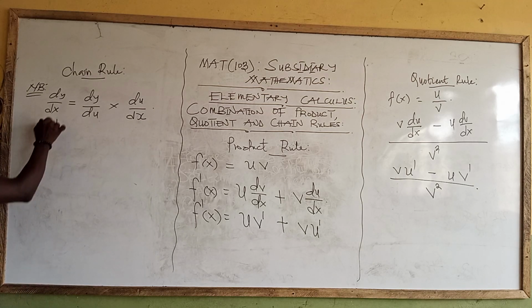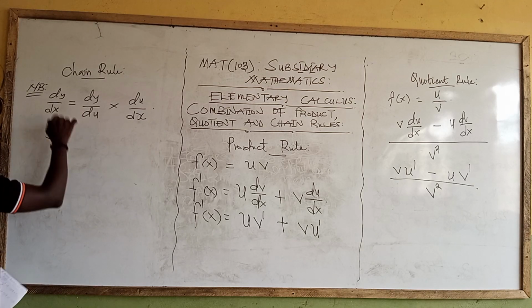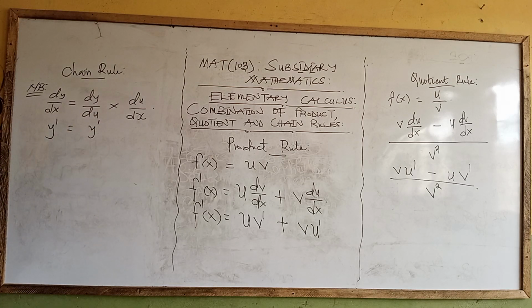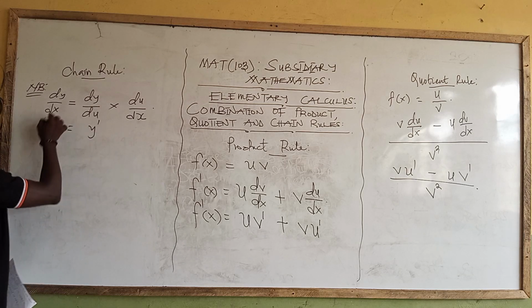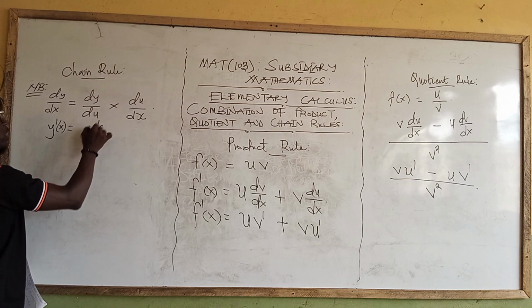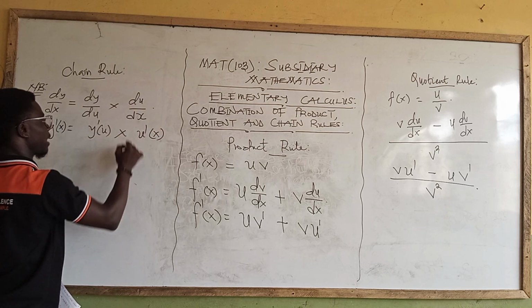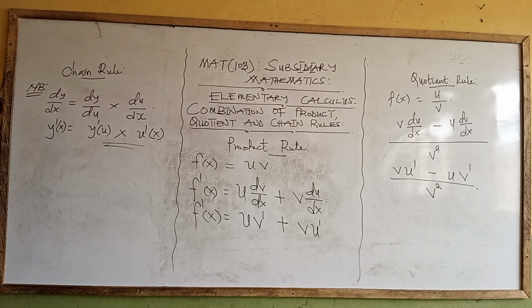So my y prime with respect to x equals y prime with respect to u times u prime with respect to x. So that's how the formula goes: dy over dx equals dy over du times du over dx.